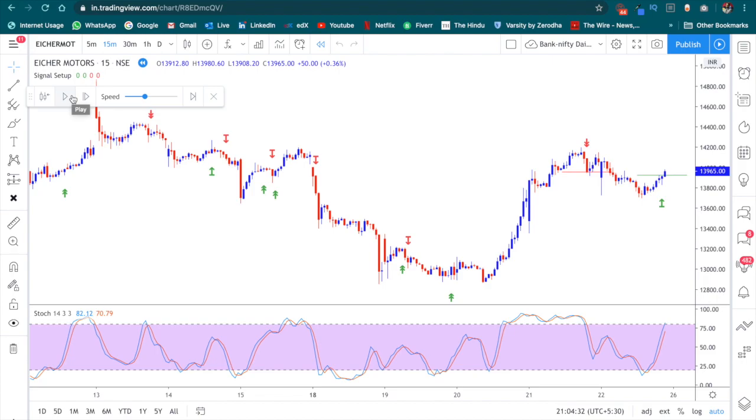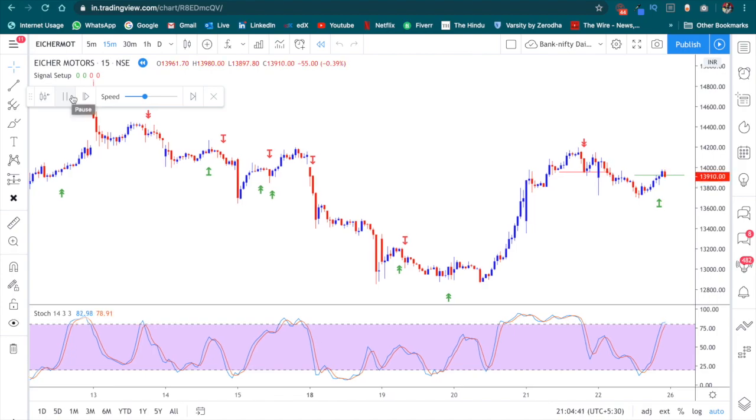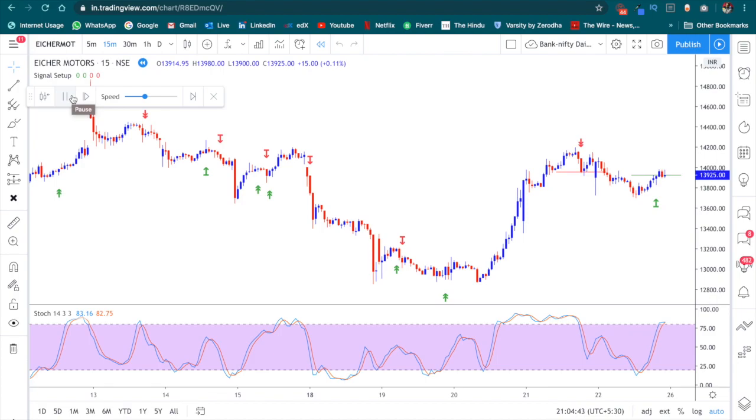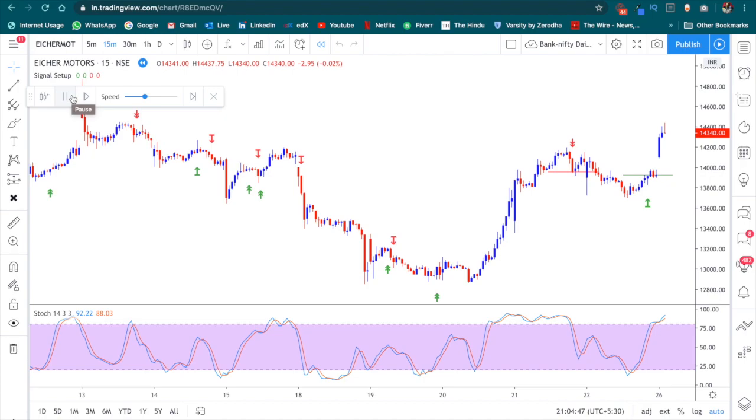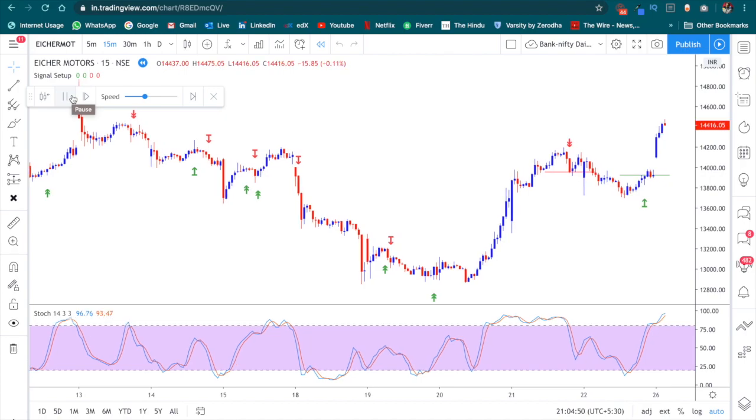The signal line is like a reference point and helps the trader make a wise decision. As you can see, now the price has started moving along with the trend.